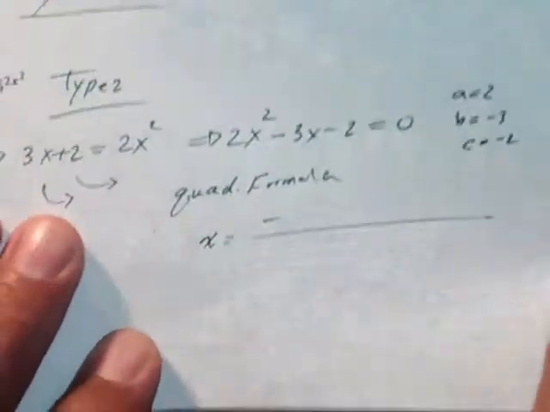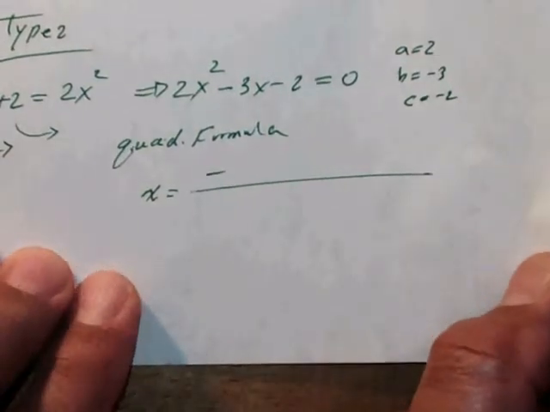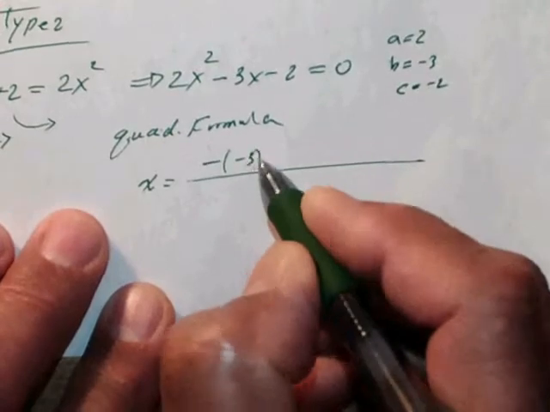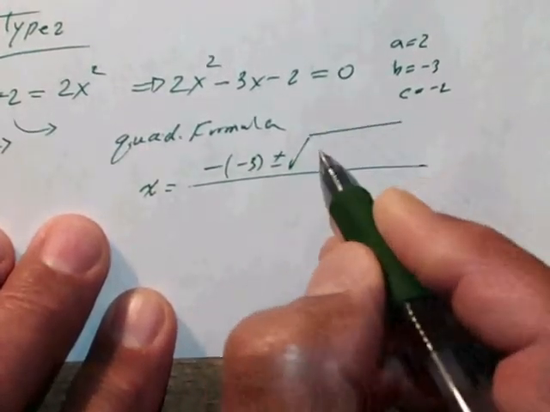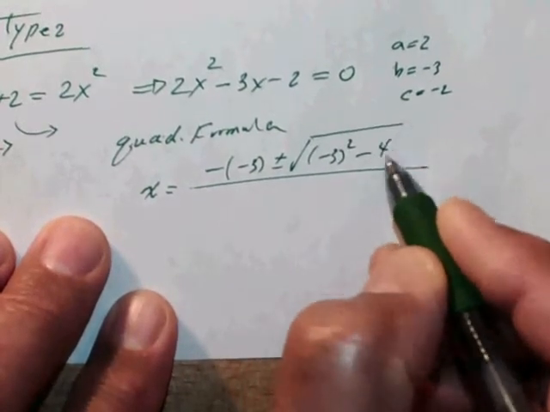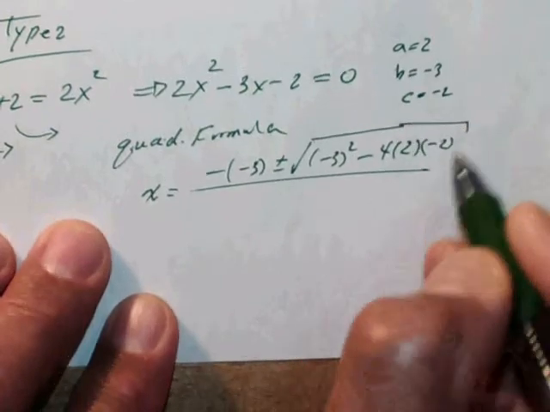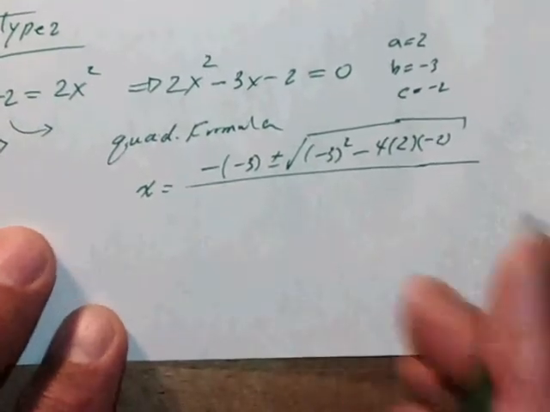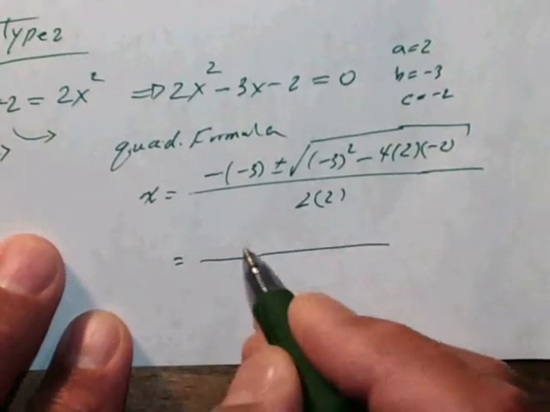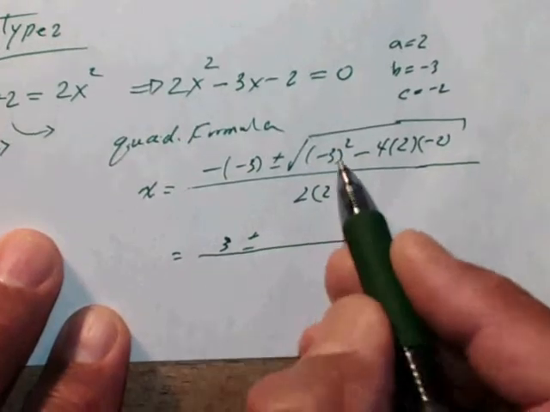If you don't remember the formula, you could go back to your notes and find it. So minus b is 3, plus or minus the square root of minus 3 squared, which is 9, minus 4 times a, which is 2, times c, which is minus 2, over 2 times 2.